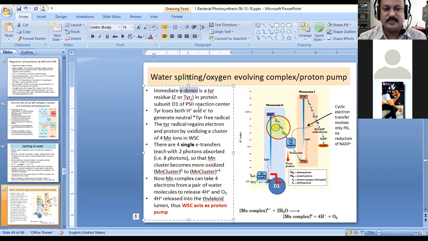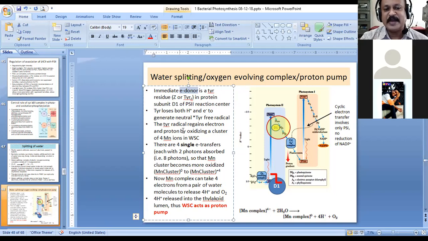This D1 protein has a tyrosine residue, and that tyrosine residue carries 1 electron, which can be immediately given to the reaction center. Now this tyrosine can lose 1 electron and 1 proton. So it is not just 1 electron, but it is also releasing 1 proton, right? When that happens, this tyrosine becomes a neutral radical, that is a free radical. Tyrosine radical.